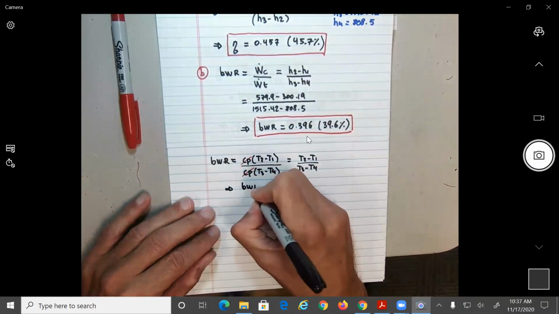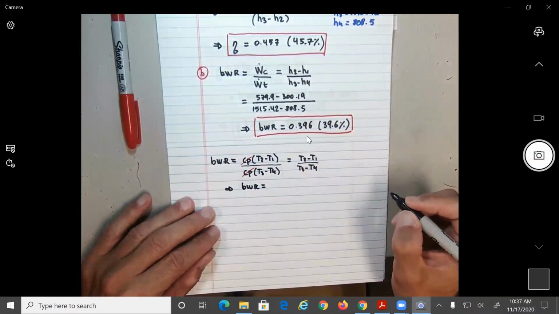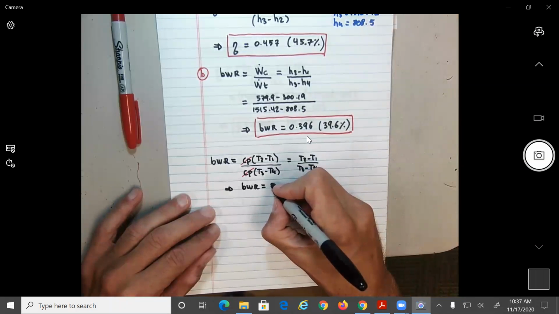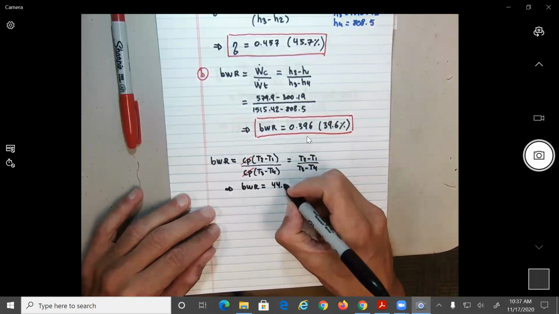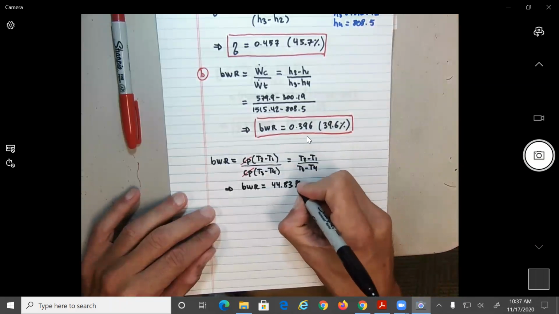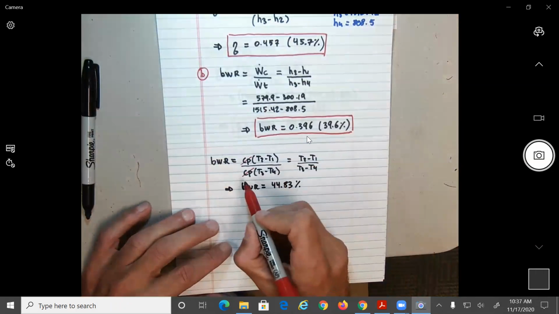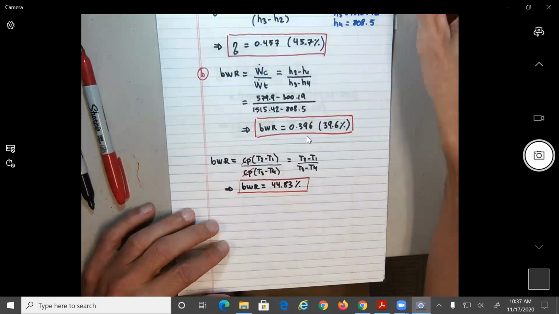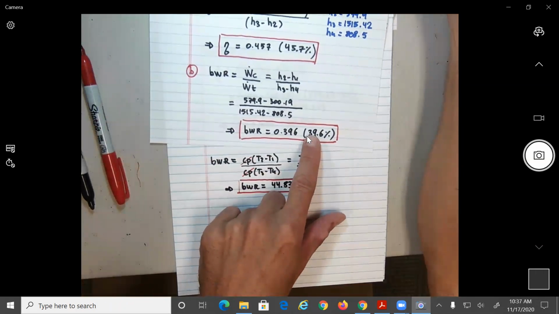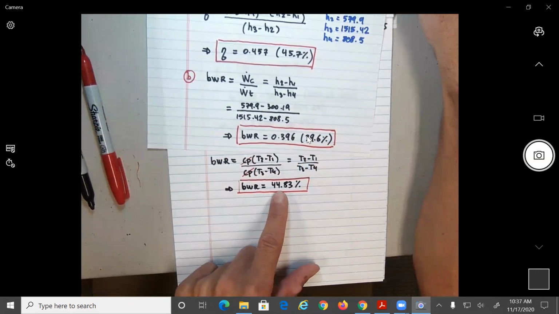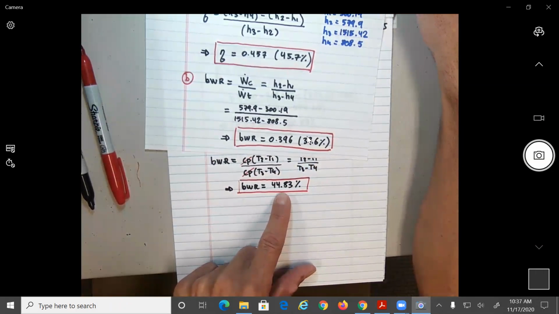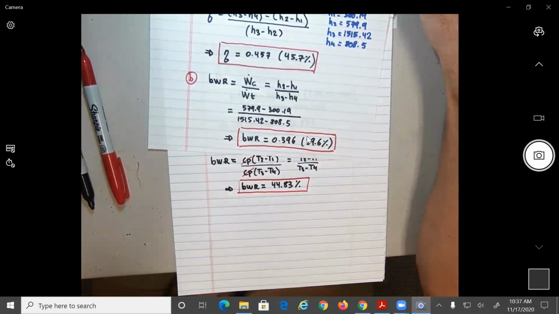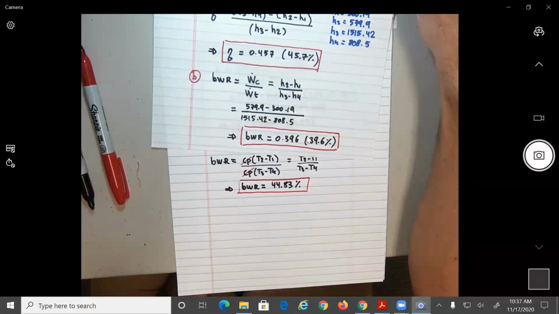So it gives you the back work ratio equal to 44.83%. Okay, 83%. Thank you. And this is compared to the value that we had before of 39.6. We have it right here. So really this should be 0.4483, no? Okay? Yeah. All right. And we could do the same thing for the net power.